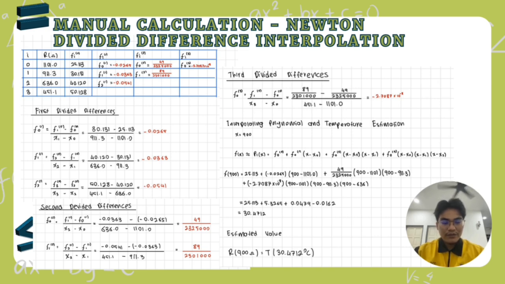Summing this up, we get a final result of 30.4712. In conclusion, using the Newton divided difference method, we can estimate that when the resistance is 900 ohm, the temperature is approximately 30.4712 degrees Celsius.